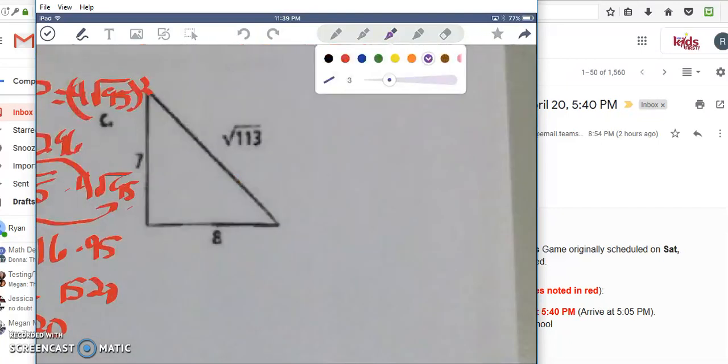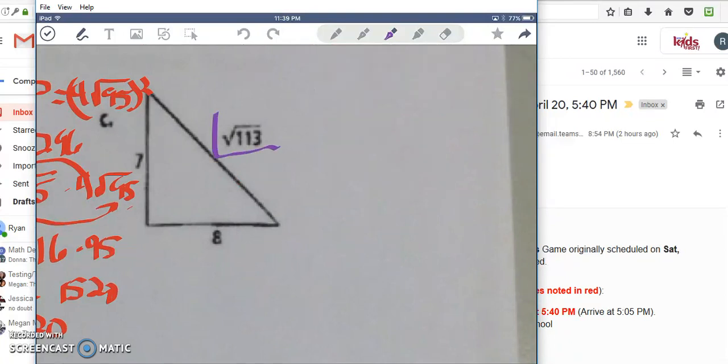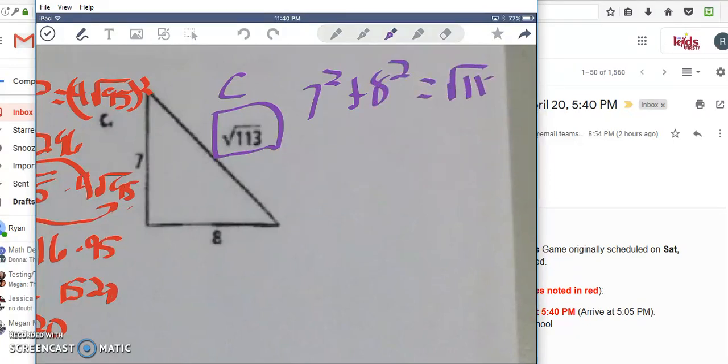So let's take a look at this last one here. First, let's spot out the c squared, or the c. That's going to be your c. So when we set this up, we have 7 squared plus 8 squared is equal to radical 113 squared. 7 squared is 49, plus 8 squared, which is 64, is equal to, and anytime you square a square root, it cancels those out.